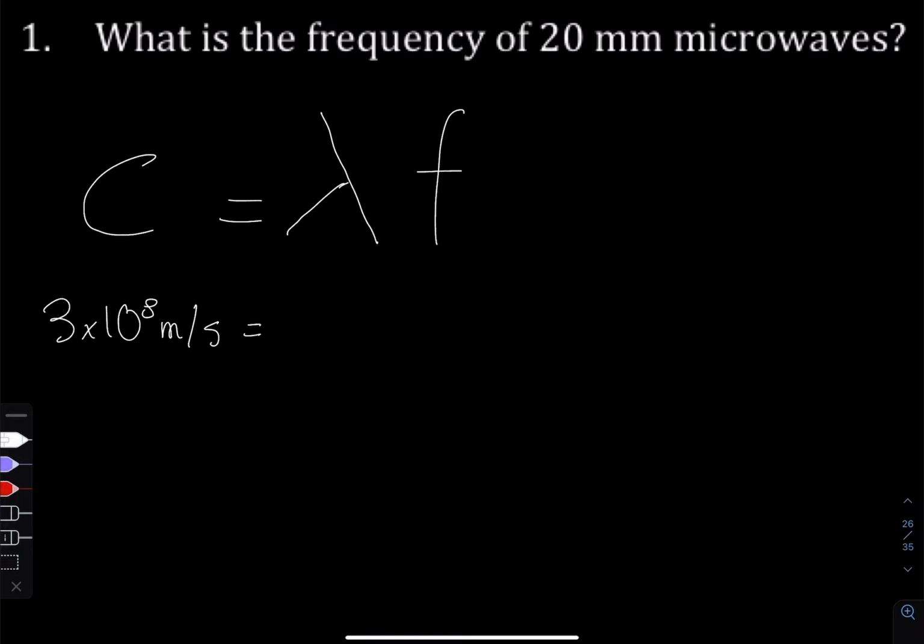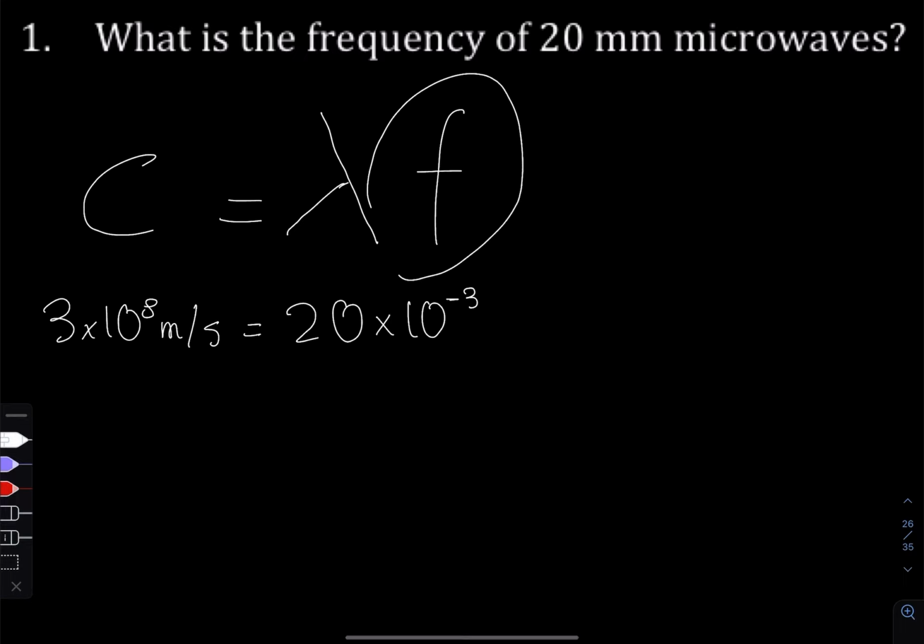We're told that the microwaves are 20 millimeters. Now 20 millimeters is the same thing as saying 2 times 10 to the negative 3 meters. You always want to make sure your units here are SI units, so meters, or hertz for frequency, which is the same thing as 1 over seconds.